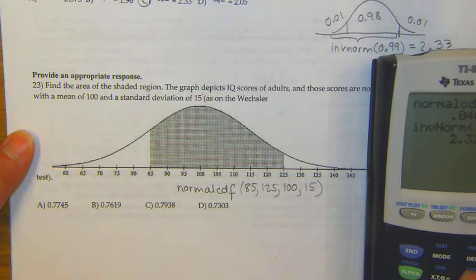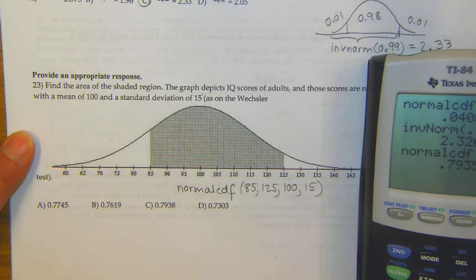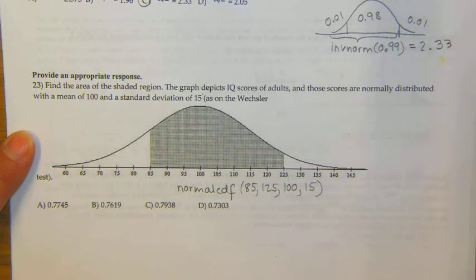So using the normal CDF, second bars over here, and going from 85 to 125 with a mean of 100 and a standard deviation of 15, gives us a total area of 0.7936.